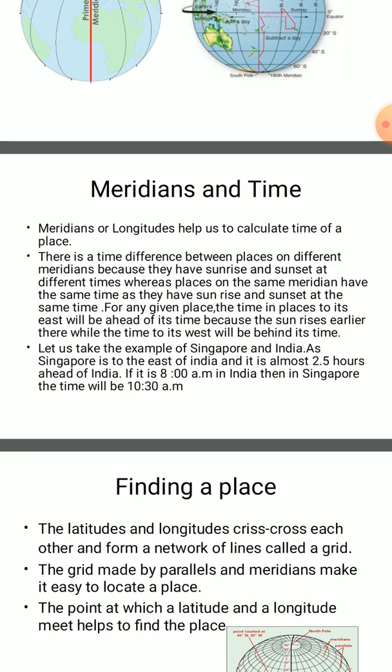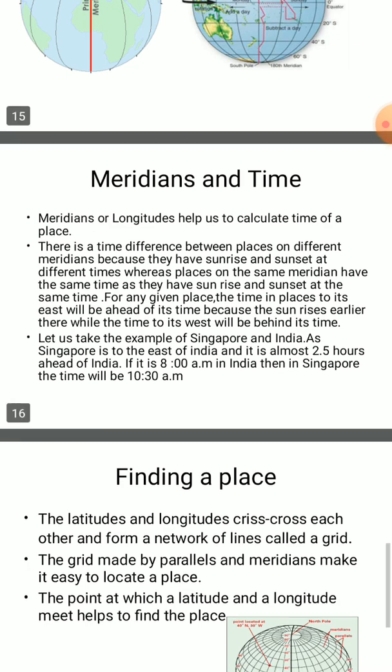The meridians or longitudes help us to calculate time of places which lie on different meridians. There is a time difference between places on different meridians because they have sunrise and sunset at different times. Whereas places on the same meridian have similar time.